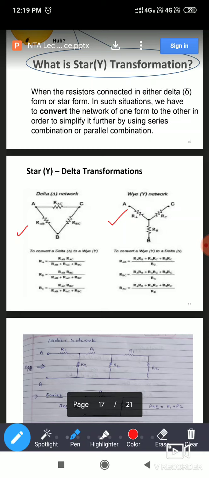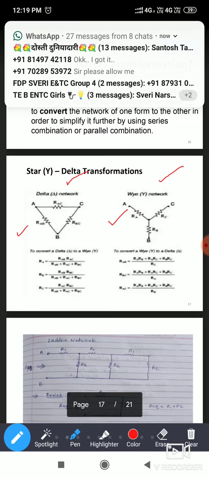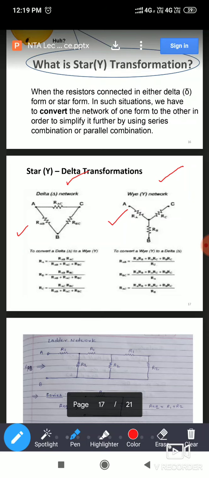So if delta is there, RAB, RAC, RBC, three values are there. This is called the delta network. This is called the star network किंवा Y network. I will show when we start the screen here. So here the resistors are connected like this.